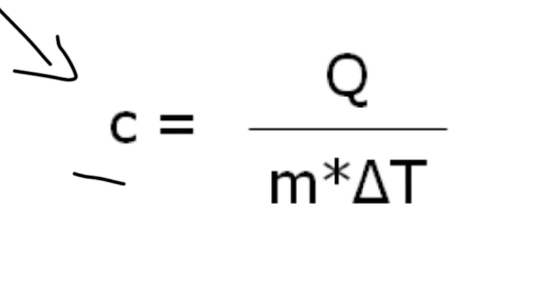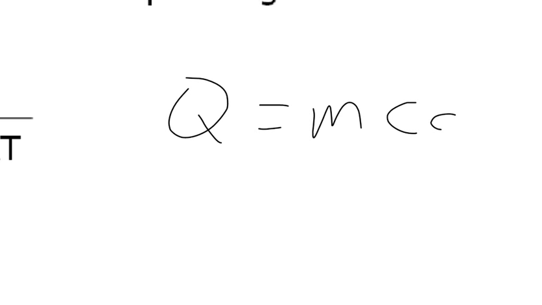If you want a clever way to remember this, I'll draw it out here. Q equals m c a t. Q equals MCAT. Wait, what? Well, let me show you.